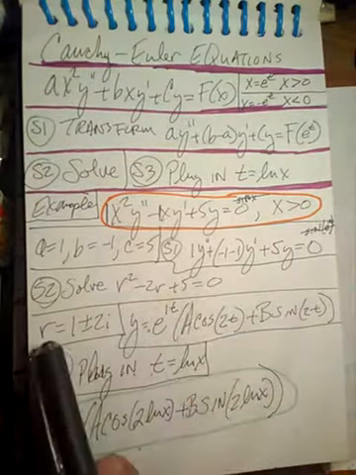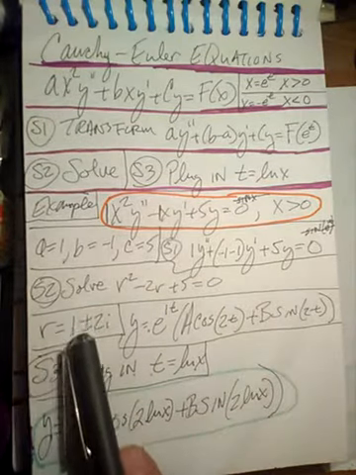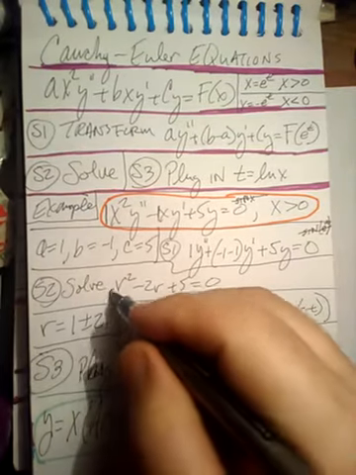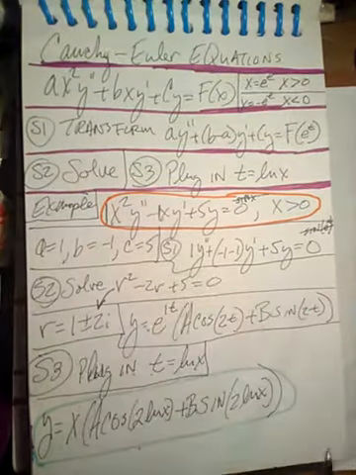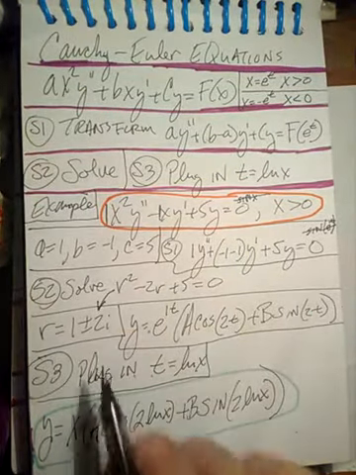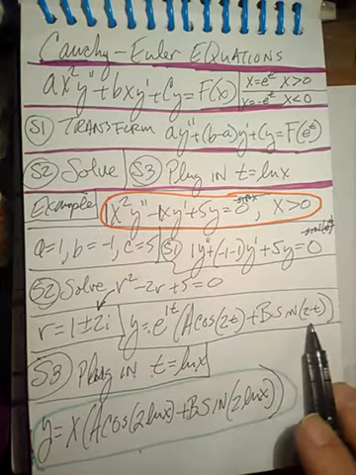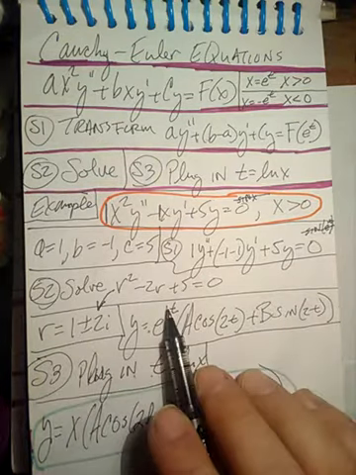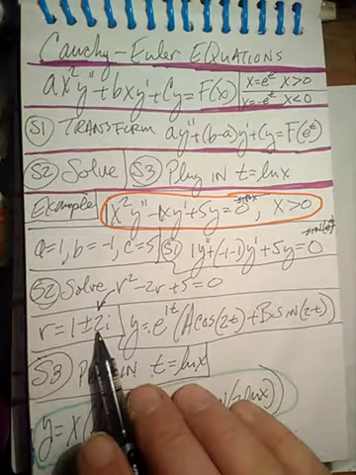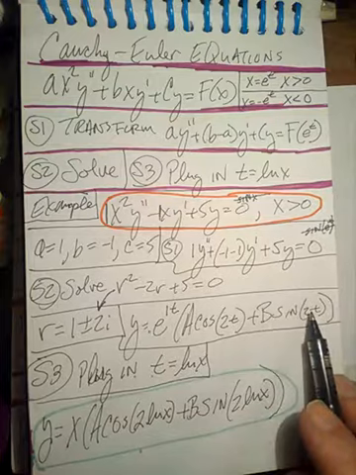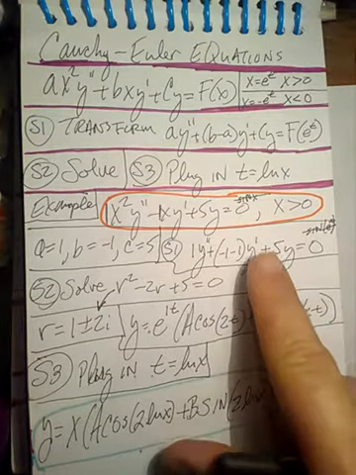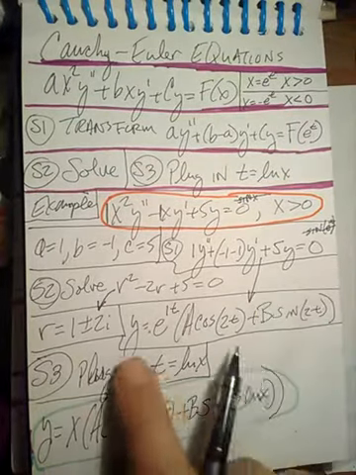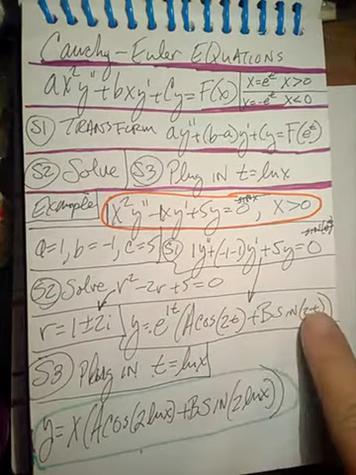Solving this with algebra, we get 1 plus or minus 2i as the roots. And once we have that, we can write the solution as I've explained before in my other lectures. You put the real part on the e function, and you put the imaginary part inside the cosine and sine function. So the solution to this differential equation is this solution right here.